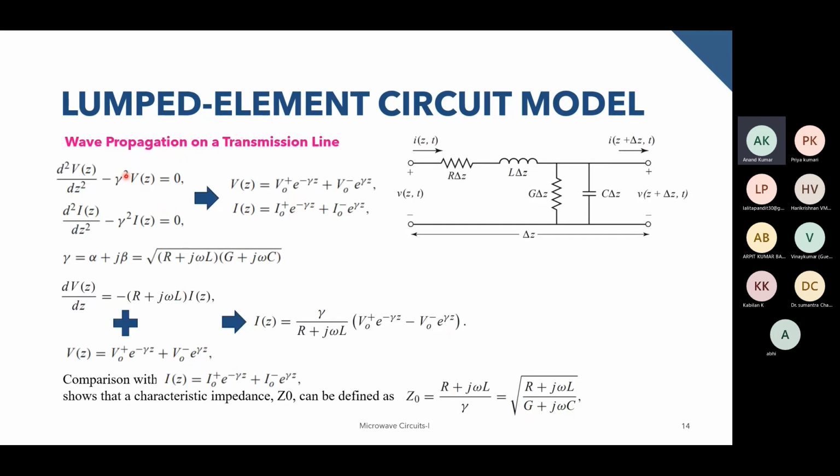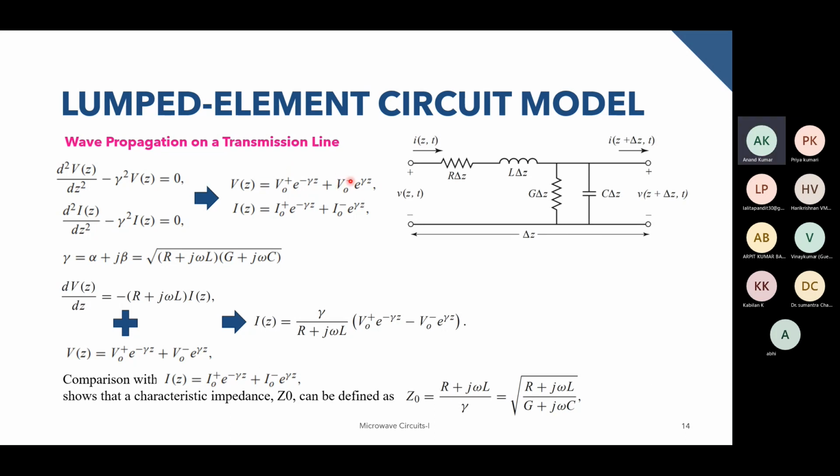Then we had the wave equations, and its solution is given over here, and we have seen how this is derived in wave propagation using Maxwell's equations, where we had the electric field and the magnetic field. The same thing: e power minus gamma z is a term representing the wave propagating in the forward direction, and e power gamma z represents the wave propagating in the negative direction.